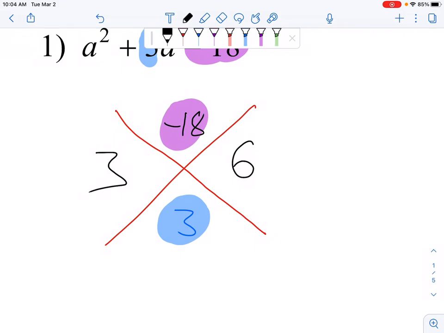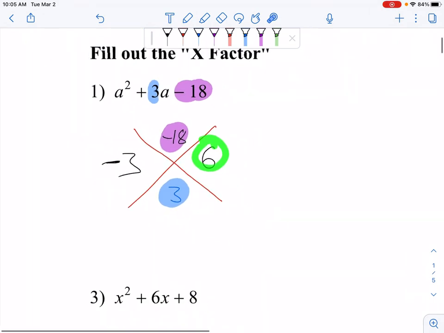Then I do have to do a little bit of thinking about my signs. To get a negative 18, one of these will have to be negative. To get a positive 3, my smaller number has to be negative, because 6 minus 3 is 3. Your bigger of these two numbers will always have the same sign as your bottom number. So if your bottom number is positive, your bigger number is positive.